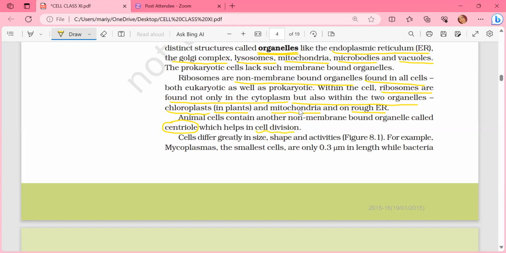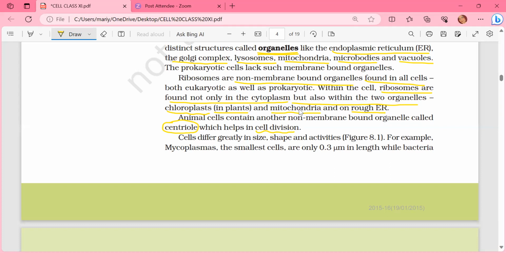Now, since there are different kinds of organisms present on the earth, the size of those organisms varies a lot. Some organisms are so tiny, and some are really big.